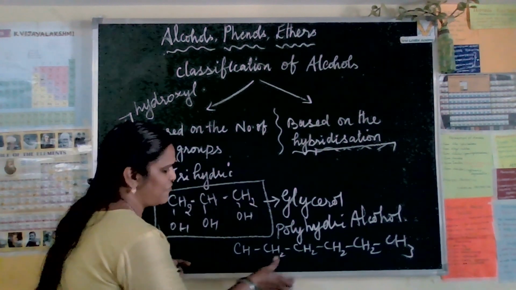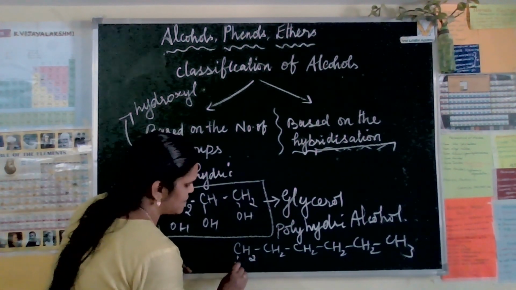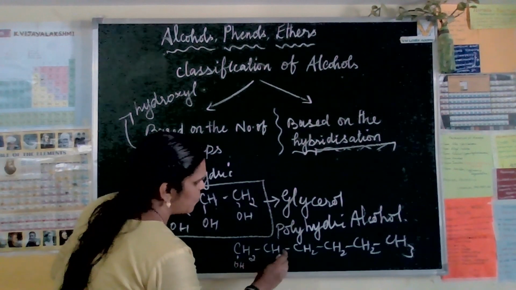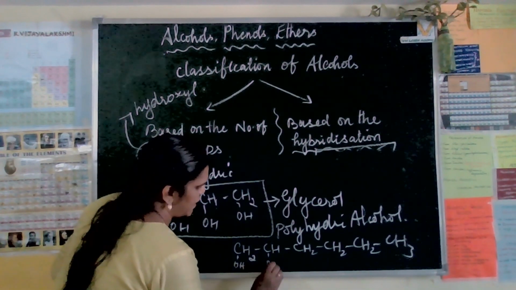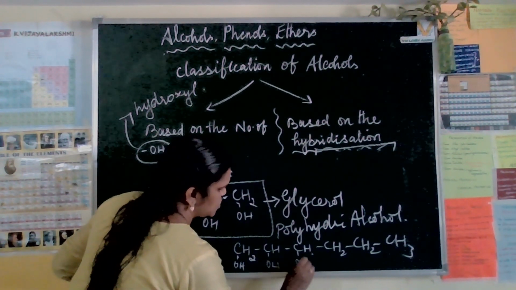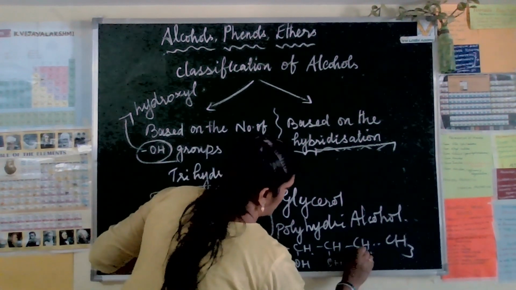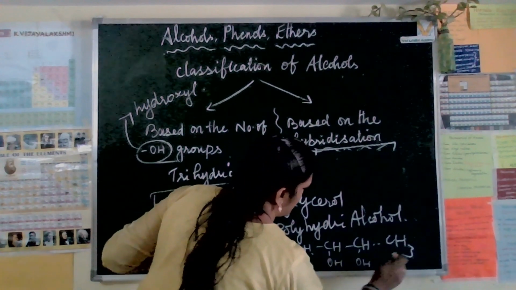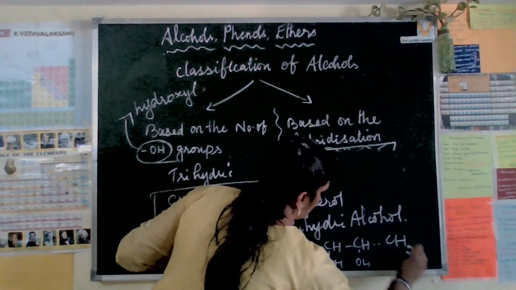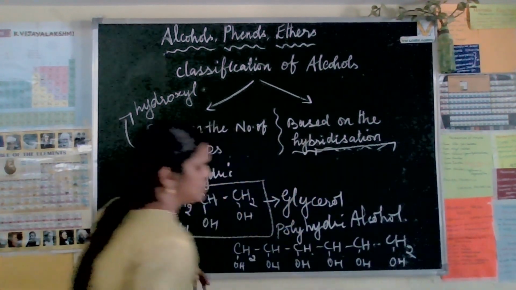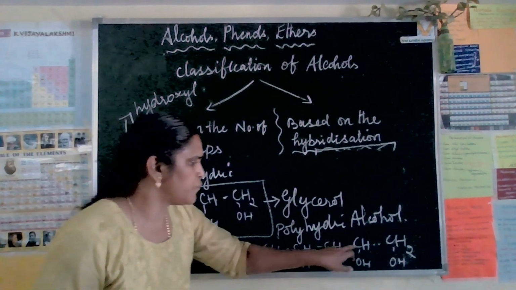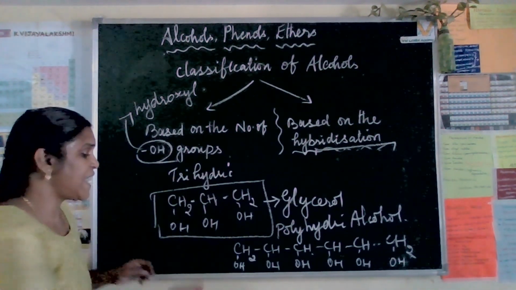In that hexane, at every carbon one hydrogen is replaced by one OH. So here OH, here OH, here OH, and here OH. If we count 1, 2, 3, 4, 5, 6, that is hexanol.